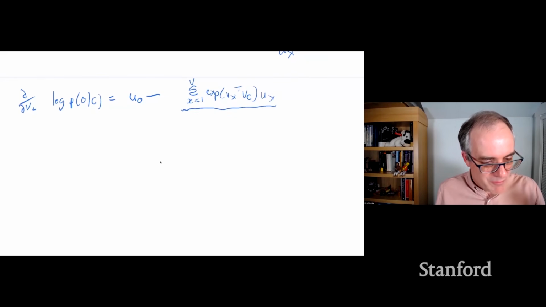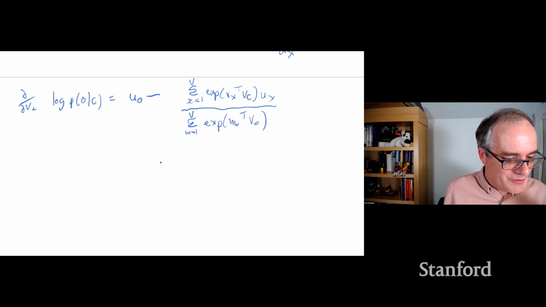Then that was multiplied by our first term that came from the 1 on x, which gives you the sum of w equals 1 to V of exp of u_w^T vc.